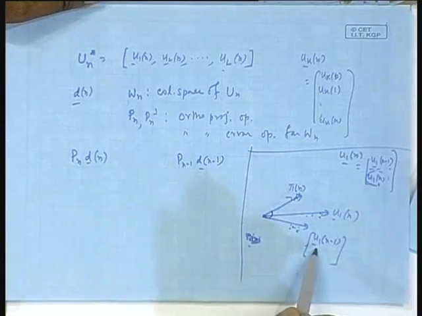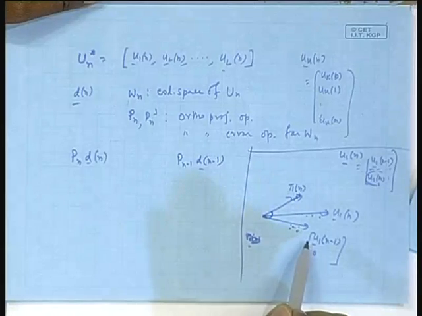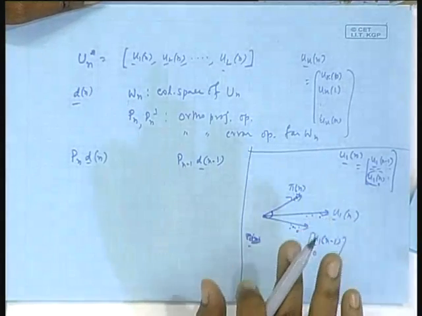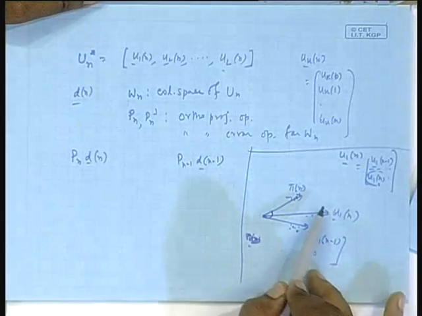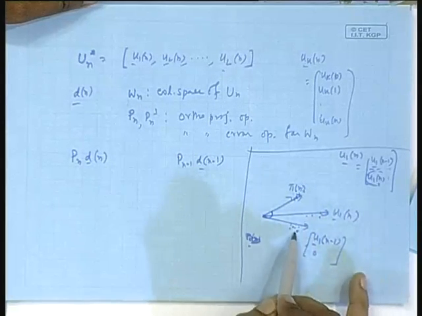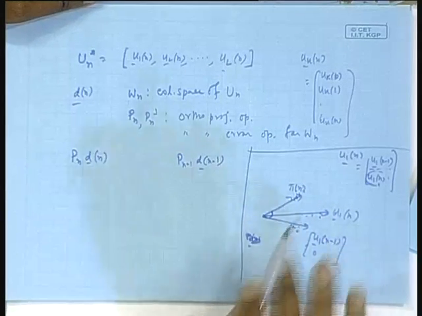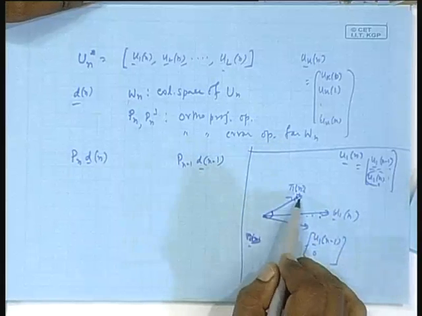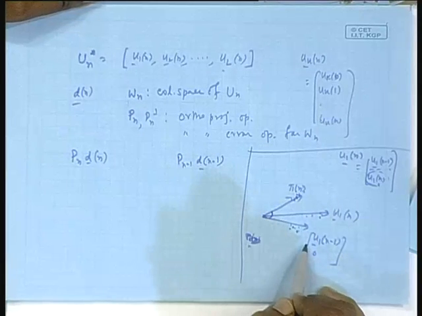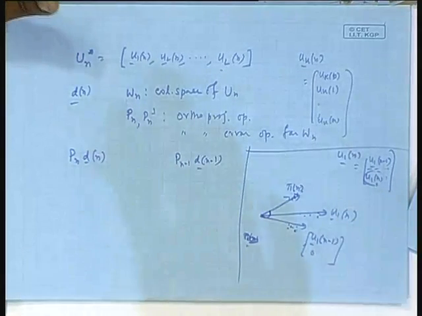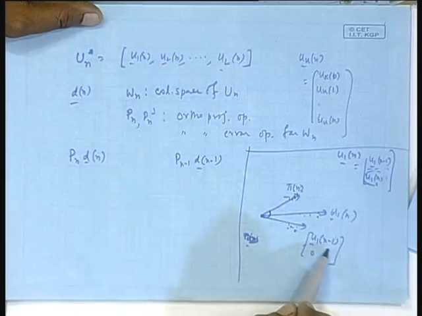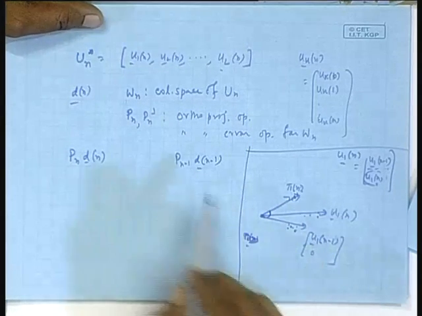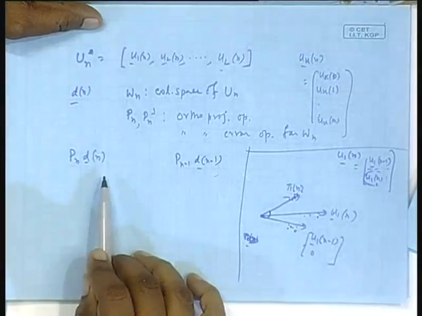But pi n and this are orthogonal. So if on the same space I want to project something, instead of viewing the space as spanned by these two vectors, I can view it as spanned by these two vectors, which are orthogonal. That projection will be the summation of the projection on this axis and the projection on this axis. I have already got a data vector of the past. My purpose is to relate the past projection with the current projection.